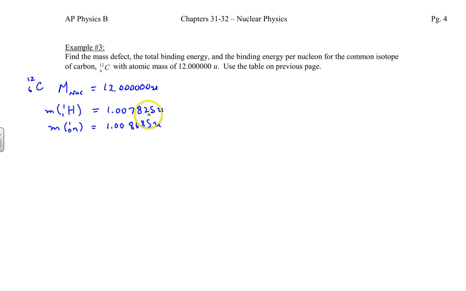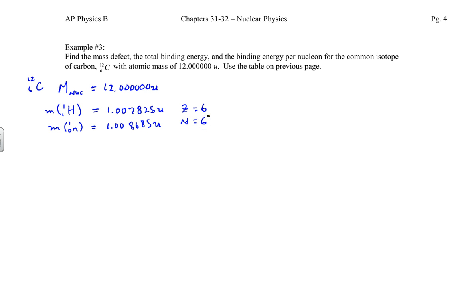I could do it in a longer way and include the mass of the electron, but since this is a neutral atom that also includes the electrons, we're going to use the hydrogen atom. We're going to multiply this by the number of protons, which is 6, and the number of neutrons, which is 12 minus 6. So we're going to use 6 as well here.